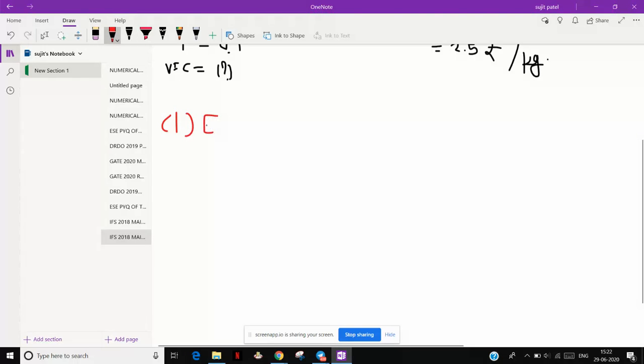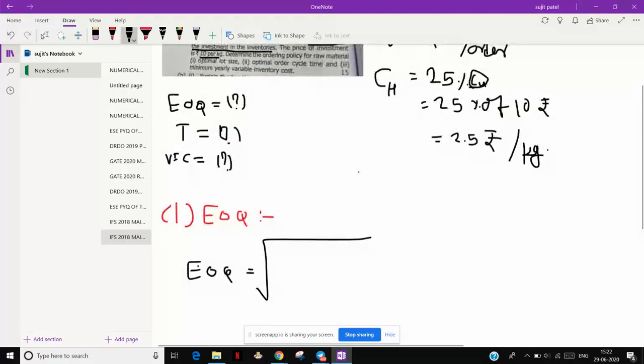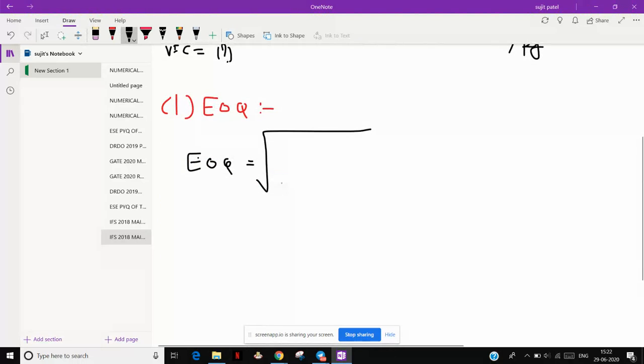So let's start with our first, EOQ. We know that EOQ, when there is no shortage, is given by the Wilson Harris model: square root of 2 times demand times ordering cost upon holding cost or carrying cost.